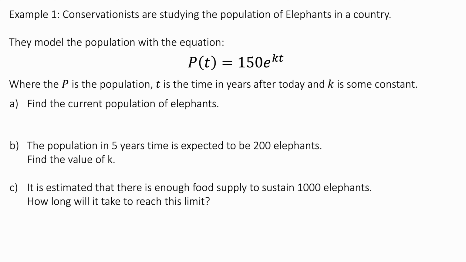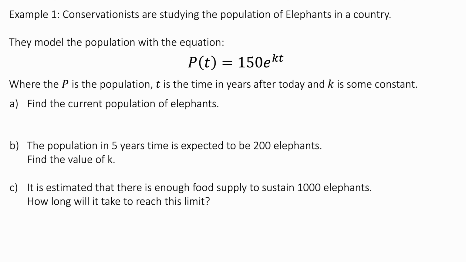We are asked to find the current population of elephants. The population in 5 years' time is expected to be 200 elephants, and so we're asked to find the value of k. And it is estimated that there is enough food to sustain 1,000 elephants. How long will it take to reach this limit?